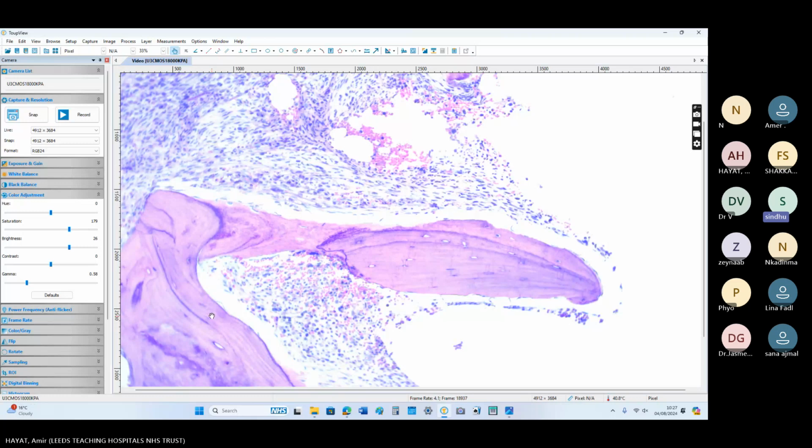Midostaurin can be used. c-KIT TKI inhibitors can be used, depending upon the underlying molecular abnormality. But if there is a KIT mutation and a PDGFRA mutation as well, then we have a new medication these days, avapritinib, which is a bit new in systemic mastocytosis.